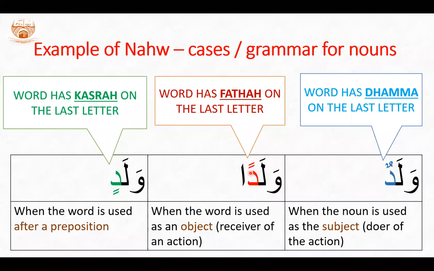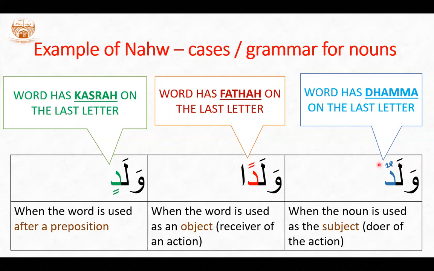Then we have the word waladan. Why are we saying waladan? One of the reasons, not all the time, is when the word is the object receiver of an action. So if we say, for instance, Zaid hit a boy. Who hit? Zaid.